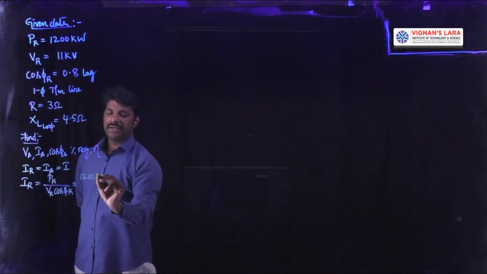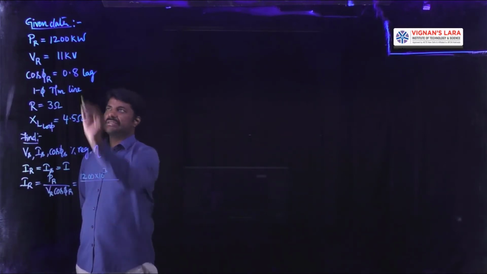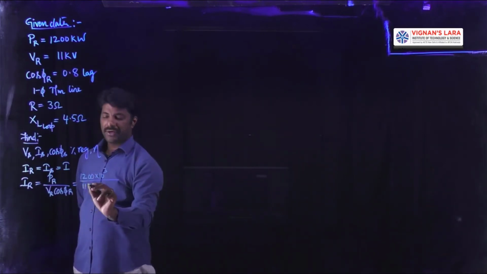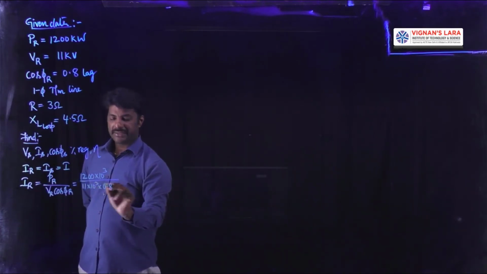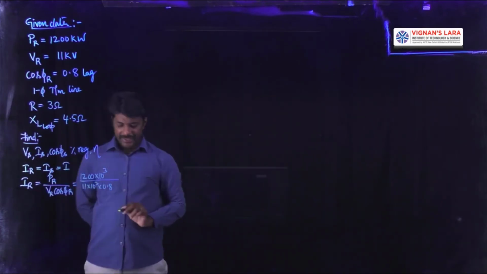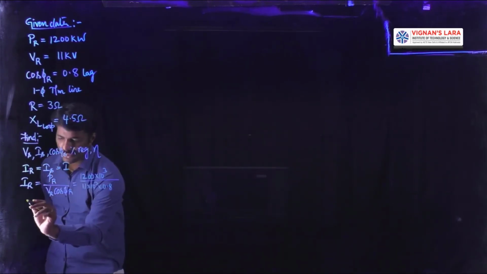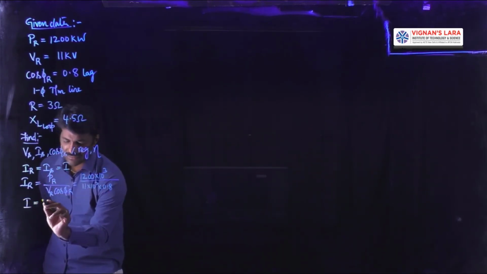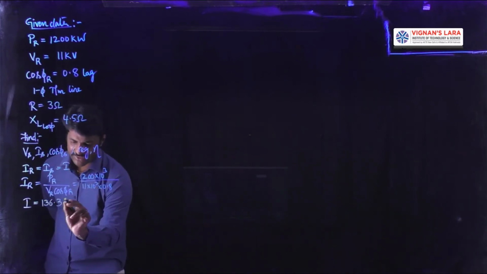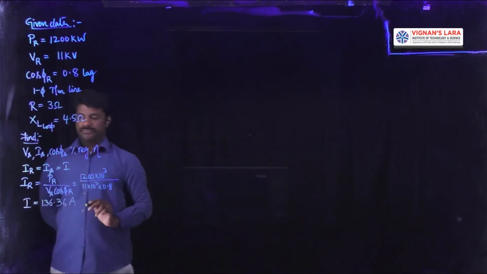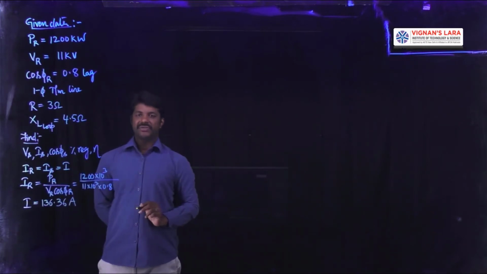So 1200 into 10 power 3 divided by VR, which is 11 kV, 11 into 10 power 3, times cos phi, 0.8. Simplifying in the calculator, you get the current I as 136.36 amperes. This is the magnitude of the current.